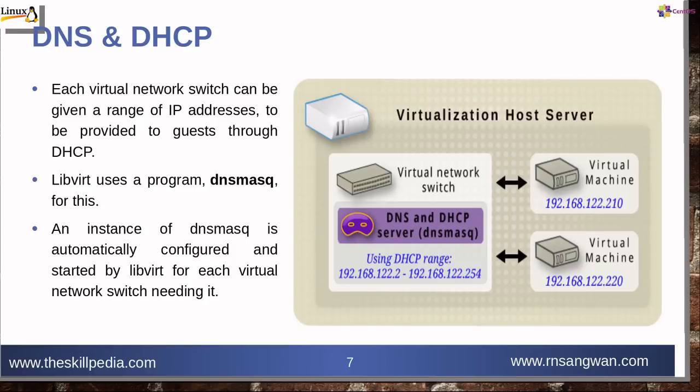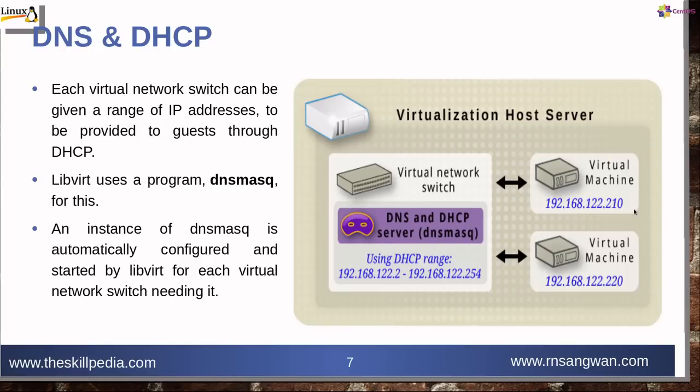DHCP and DNS server. Each virtual network switch can be given a range of IP addresses to be provided to guests through DHCP. You don't need to configure a dedicated DHCP server for that, because libvirt, or virtualization library, will use a program called dnsmasq.